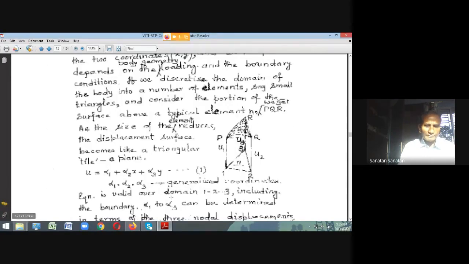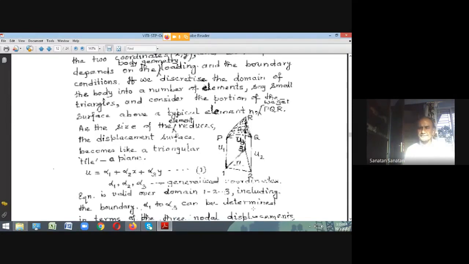This doubly curved surface is approximated by a triangular tile whose equation is alpha 1 plus alpha 2 x plus alpha 3 y. How do I get these generalized coordinates? Since this equation is valid for all the points within the element and on the boundary, therefore this equation is also valid at the nodes 1, 2, 3.